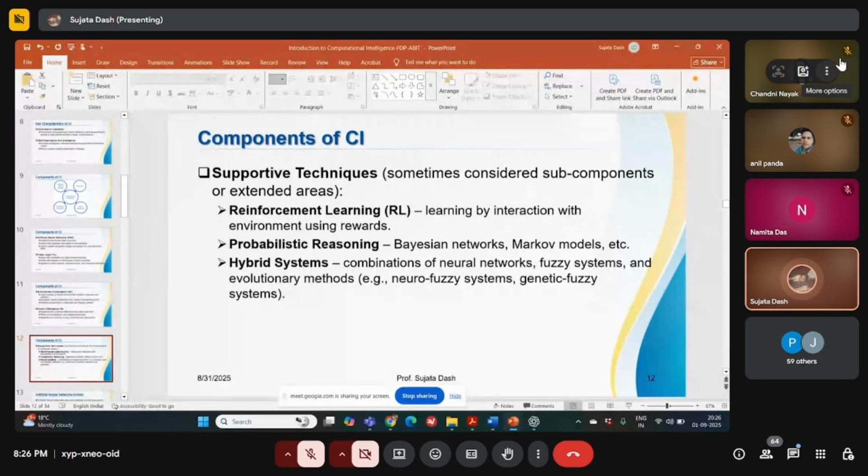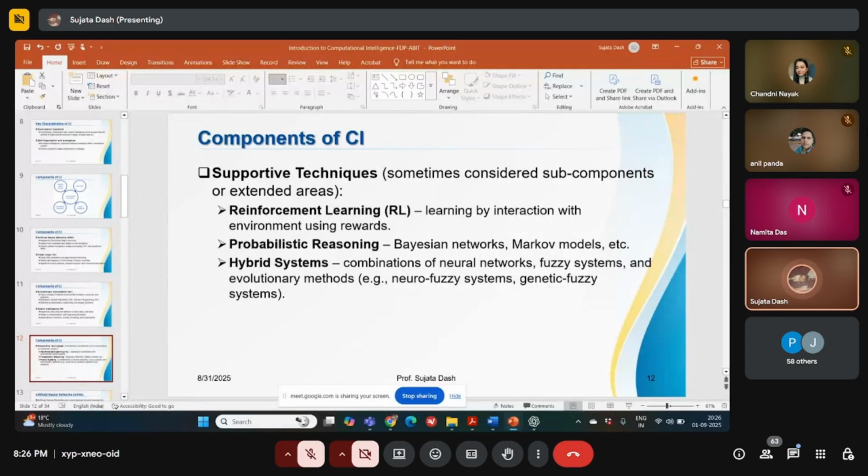Here the learning happens by interaction with the environment using rewards. Reinforcement learning is like learning by trial and error, just the way humans and animals learn. The system interacts with the environment and learns through rewards and penalties. For example, a robot learns to walk by trying movements. When it moves correctly, it gets a reward. When it falls, it gets a penalty.